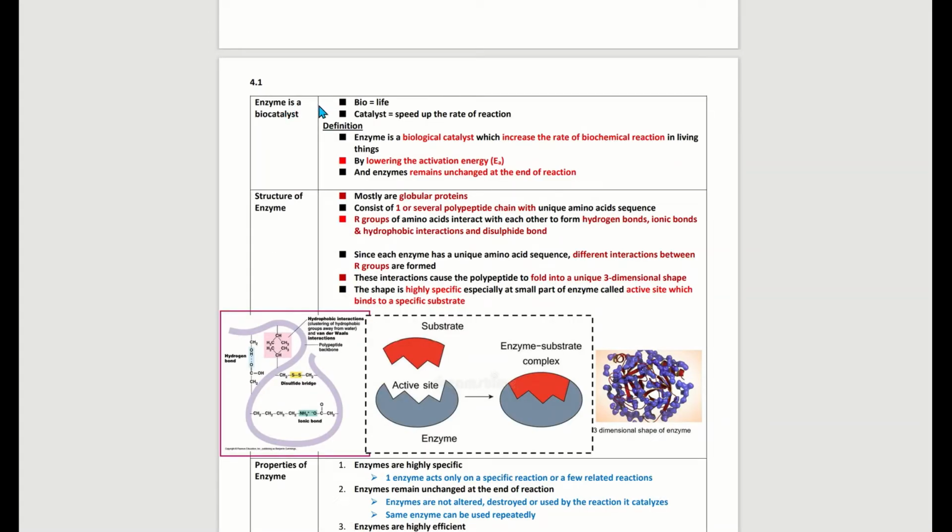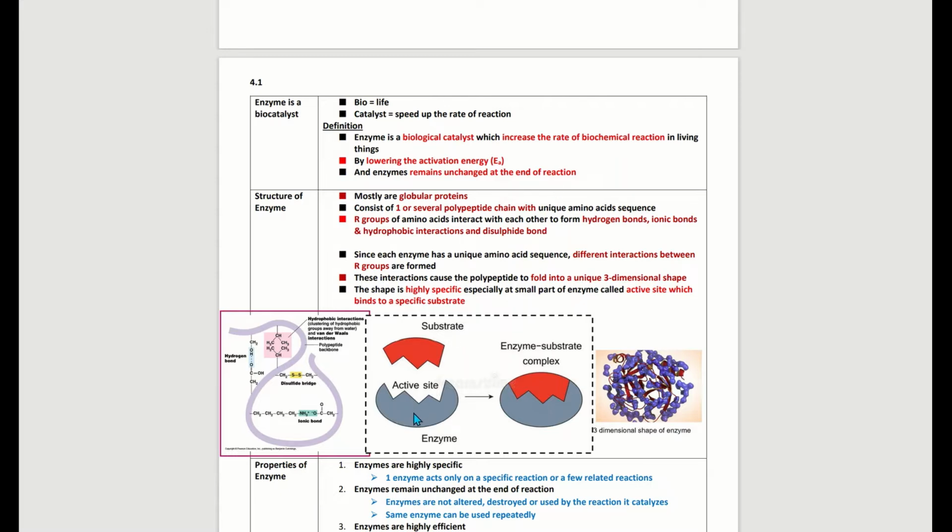So what is enzyme? Enzyme is a biocatalyst. Define enzyme. Enzyme is a biological catalyst that increases the rate of biochemical reaction by lowering activation energy and remains unchanged at the end of reaction. Okay, so ini gambar enzim lah, contoh.